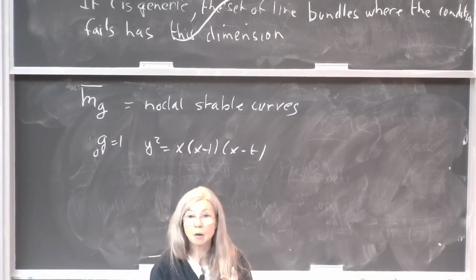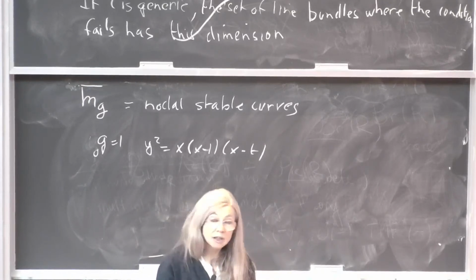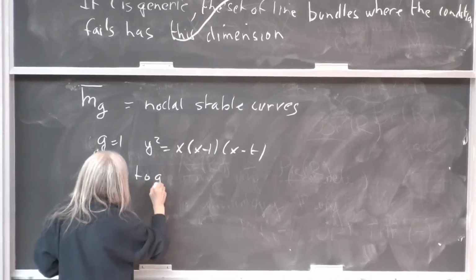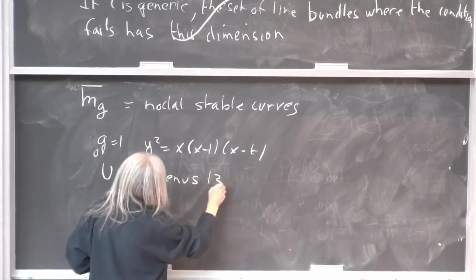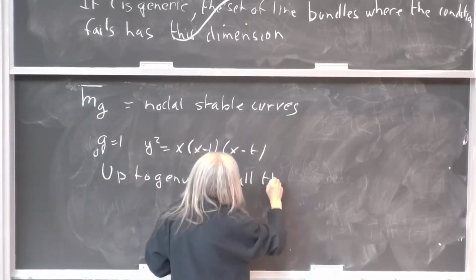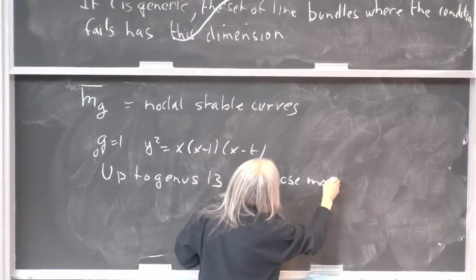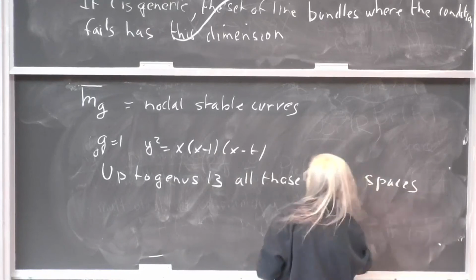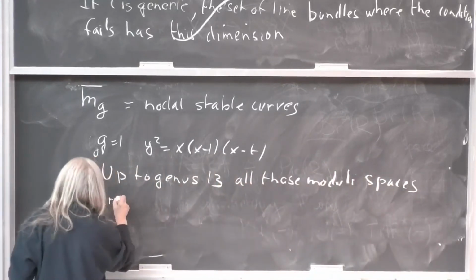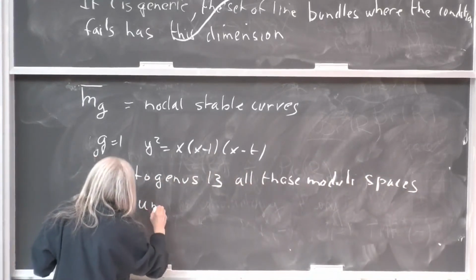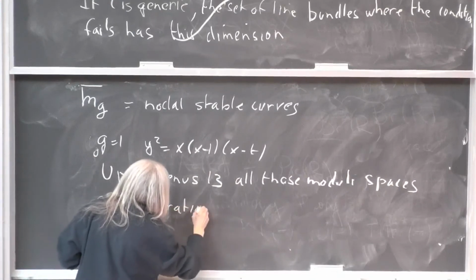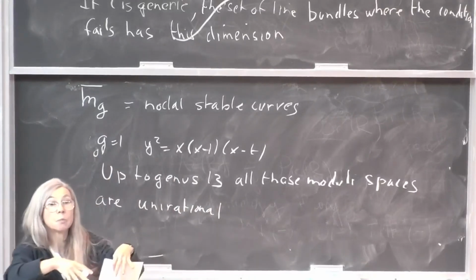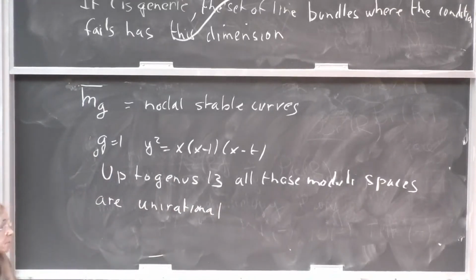It was thought that they were, and I think up to genus 13, all these moduli spaces are unirational. Unirational means there is a projective space that maps onto an open set of the moduli space.